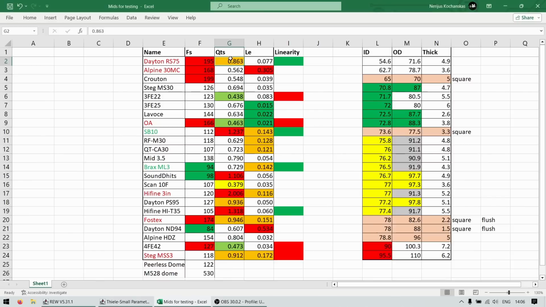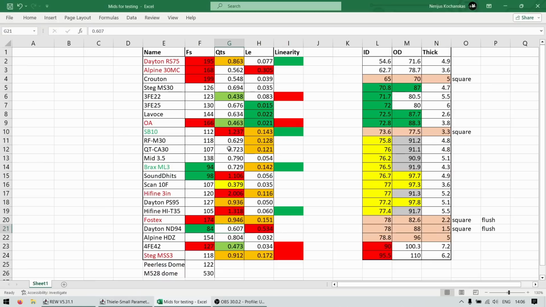So these are the orange ones that are slightly higher than 0.7, which is the small Dayton, another Dayton, 0.9, Fostex 0.9, and Steg MSS3, the big boy, 0.9 as well. So yeah, slightly higher QTS compared to 0.7. The ones that are not colored are ideal. So you have 0.5, 0.5, 0.6, 0.7, and you can see the vast majority of them are very, very good.